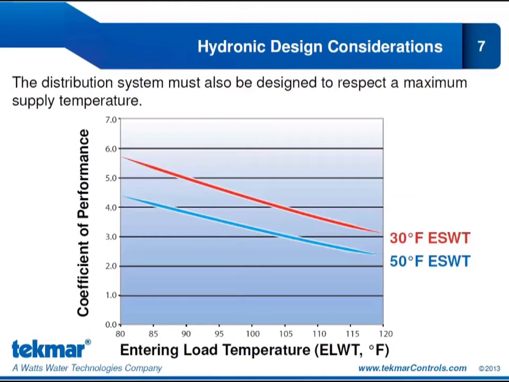So I can't say this enough when we're talking about hydronic design considerations, that we have to make sure that we are going to be designing a system with the lowest possible entering load water temperature when we're in heating mode. The coefficient of performance, which is the efficiency of our heat pump, is highest when that ELWT is at its lowest.